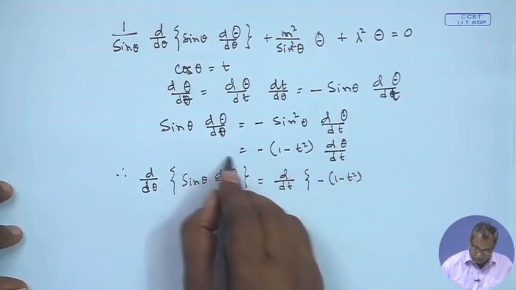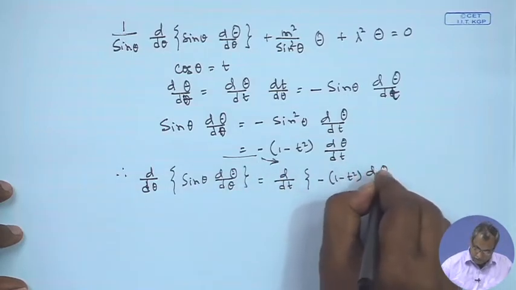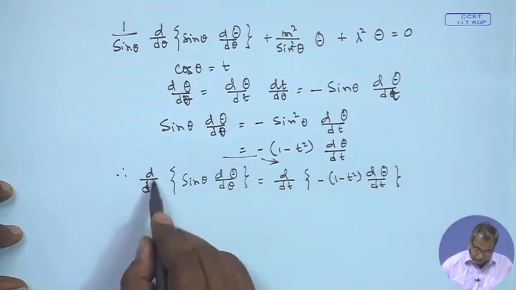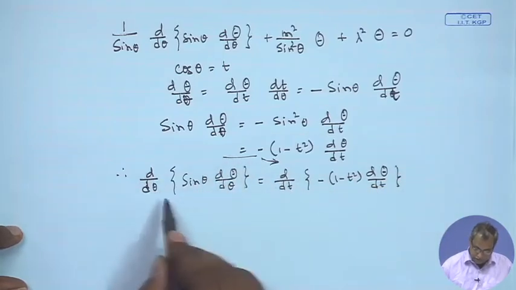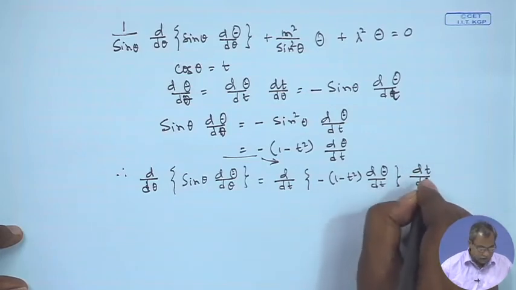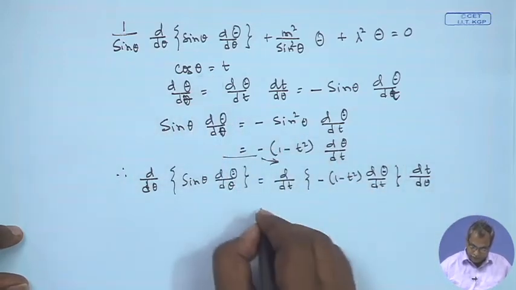I am just substituting this here, and expressing by d/dt. There will be dt/d theta here, and dt/d theta is nothing but minus sin theta as per its definition.